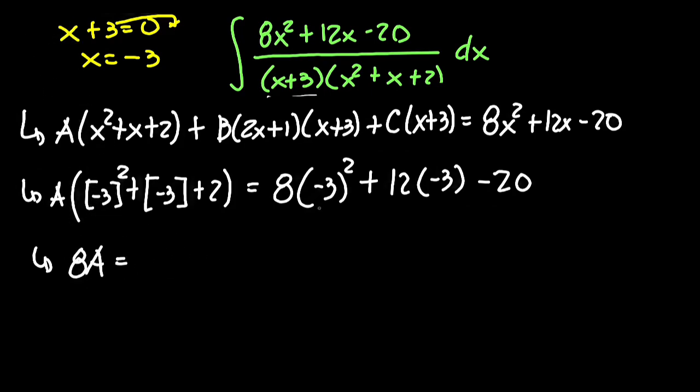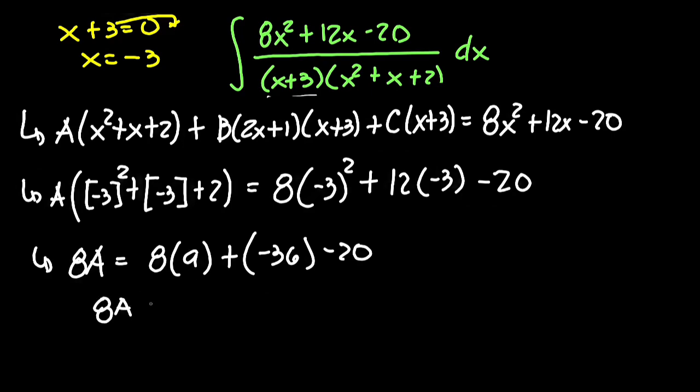And negative 3 squared would be equal to positive 9. 12 multiplied by negative 3 would be equal to negative 36 minus 20. Combining all of this, you should have an answer of 16. And by dividing both sides by 8, you would have a value of a equal to 2.